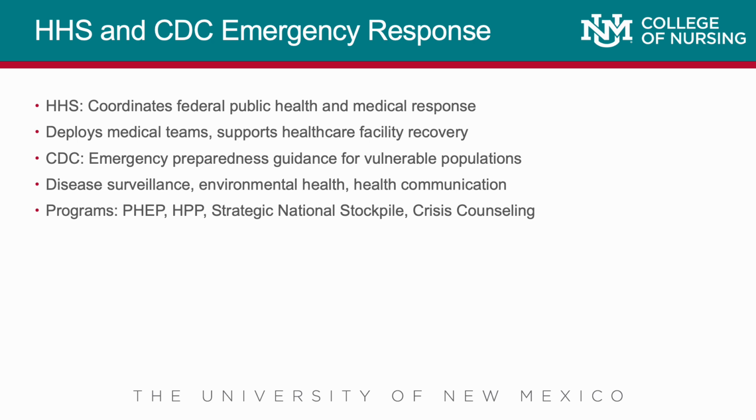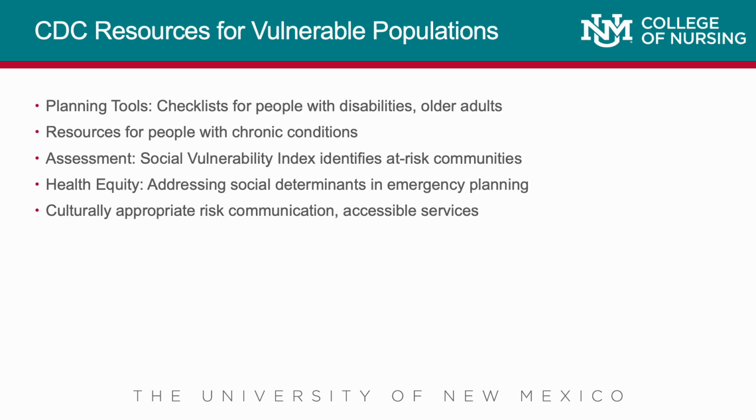HHS is the lead for public health and medical response, coordinating medical teams and supplies. The CDC provides guidance for vulnerable population disease surveillance and health communication. Key programs include the Strategic National Stockpile and hospital preparedness.